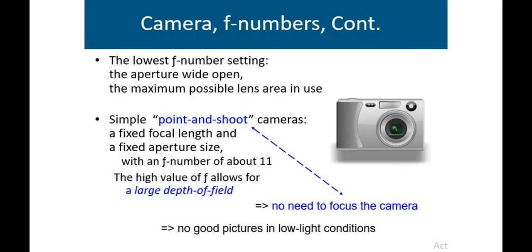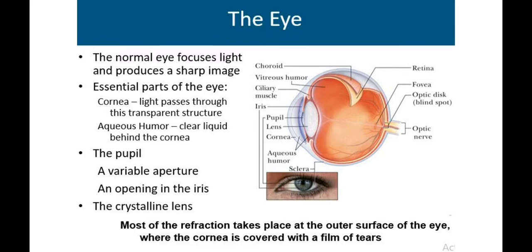Because only the central part is working, the intensity of light coming to the CCD matrix or to the film is small, and then it cannot work in low light conditions. You need good illumination for this camera to work. And also the resolution, so the quality of the picture, is sometimes not very high.